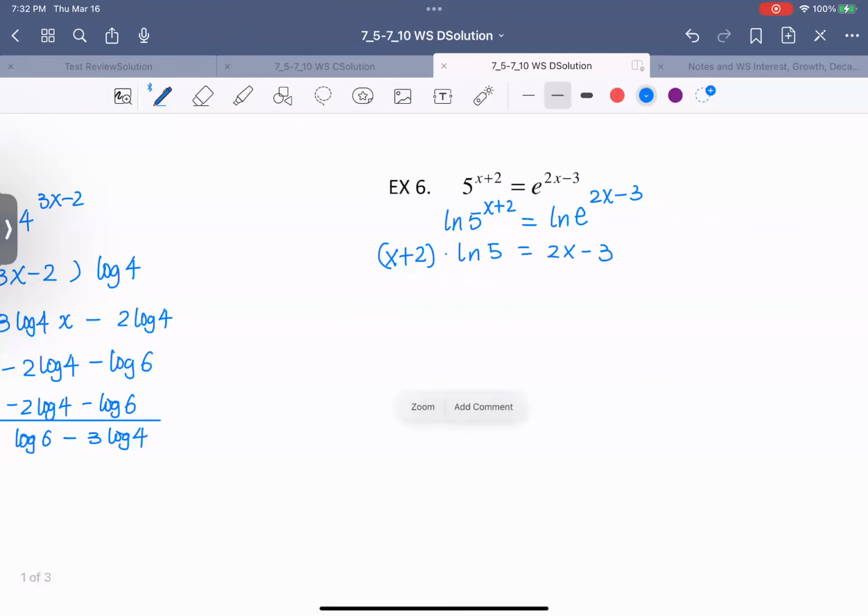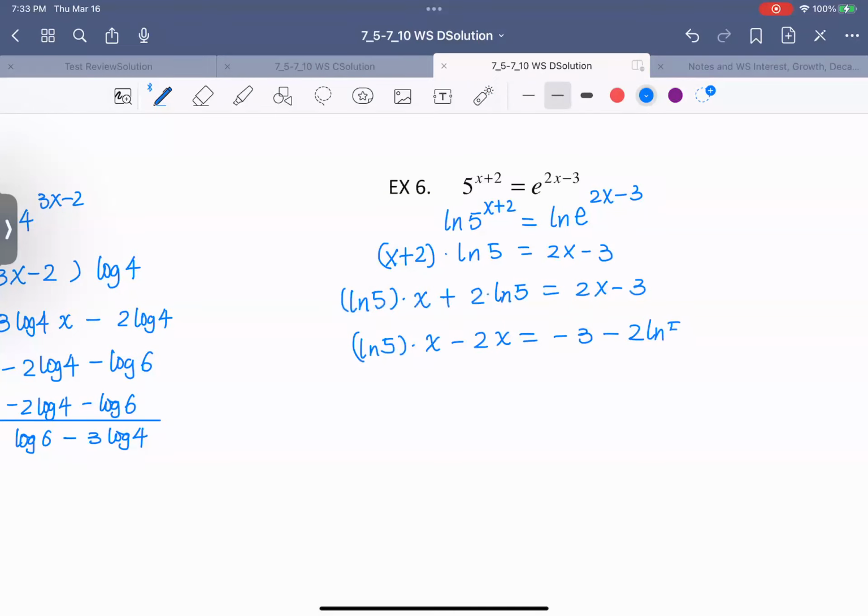ln 5 times x plus ln 25 equals 2x minus 3. So 2x minus ln 5 times x equals negative ln of 25 minus 3.